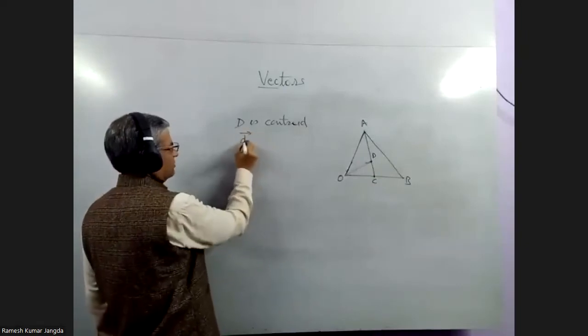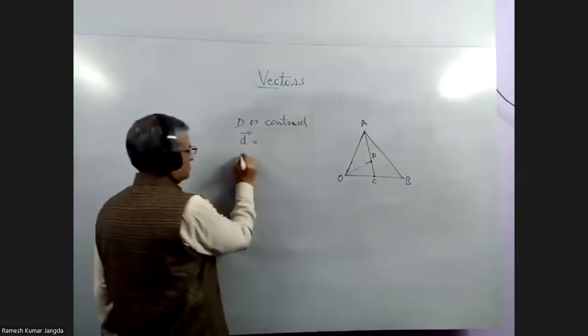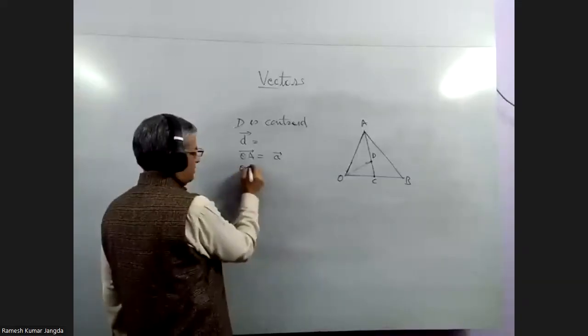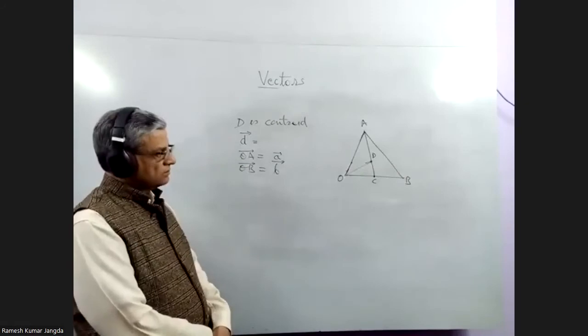So what is position vector D? Vector OA is vector A. Vector OB is vector B. Is it B plus 2A over 6?